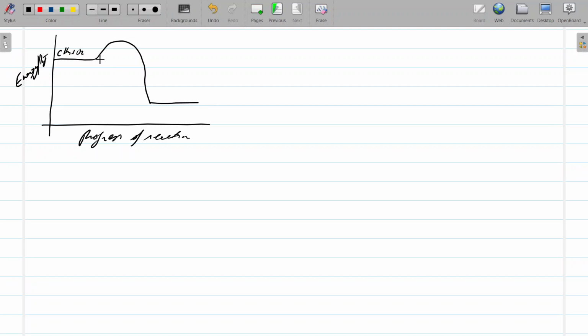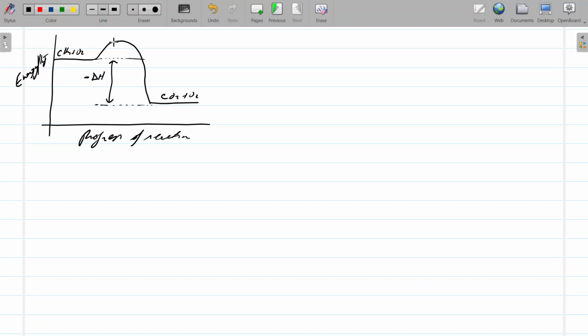Now what is this? You've got your products, which are CO2 and H2O. What's happening over here? Two things basically that are new. What is this? That is the energy difference between the reactants and the products. That is the delta H, the enthalpy change. And because this is exothermic, as we know and we've calculated, you're going to put a minus sign over here. So it's negative enthalpy change. Energy is given off.